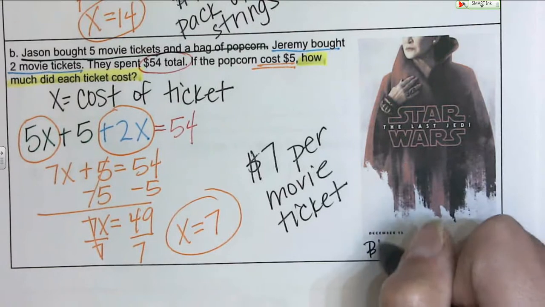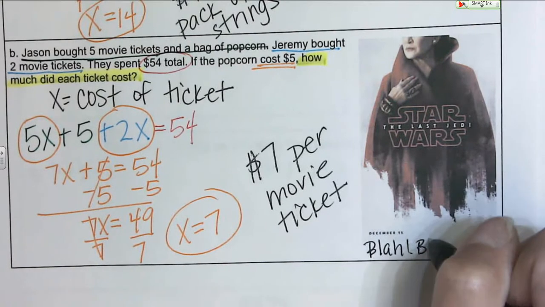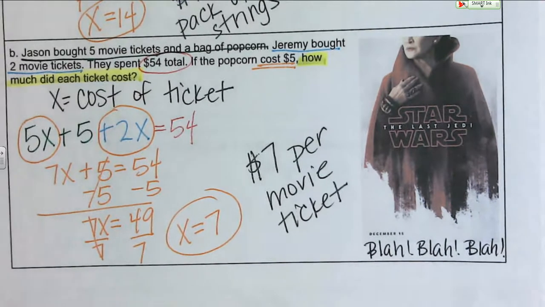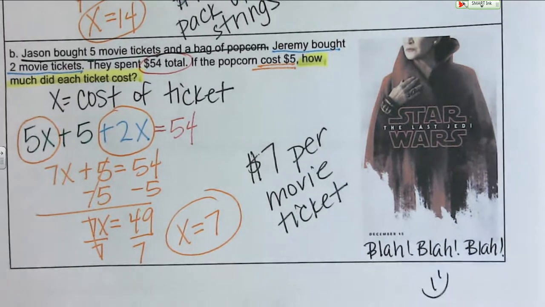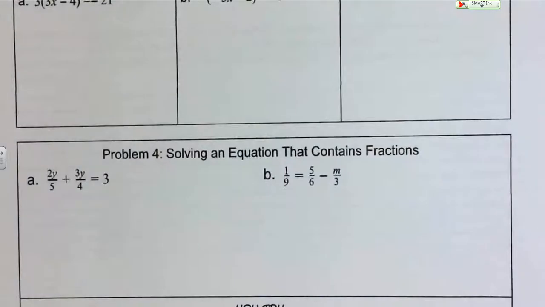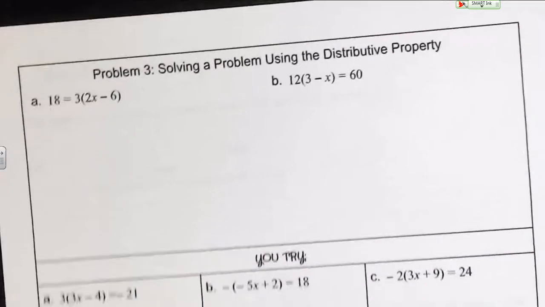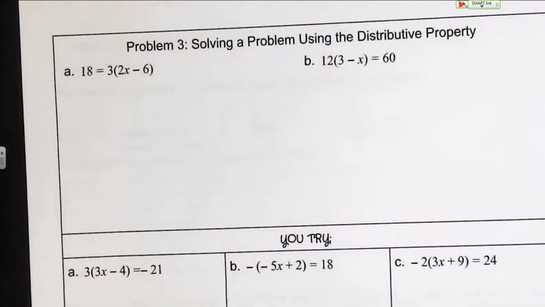Problem number 3, solving a problem using the distributive property. There are 2 approaches to solving these, and we're going to show you both, and I don't care which way you use, as long as your math is sound. They're both acceptable ways of solving the problem. The first one would be to actually use the distributive property and distribute the 3 times the 2x and the 3 times the negative 6.